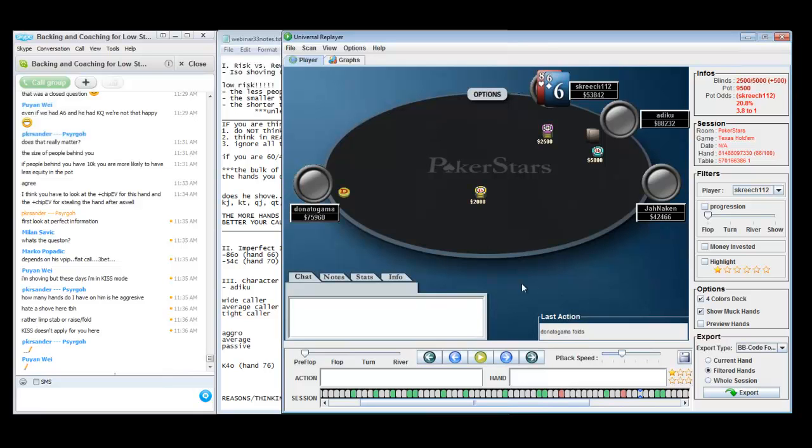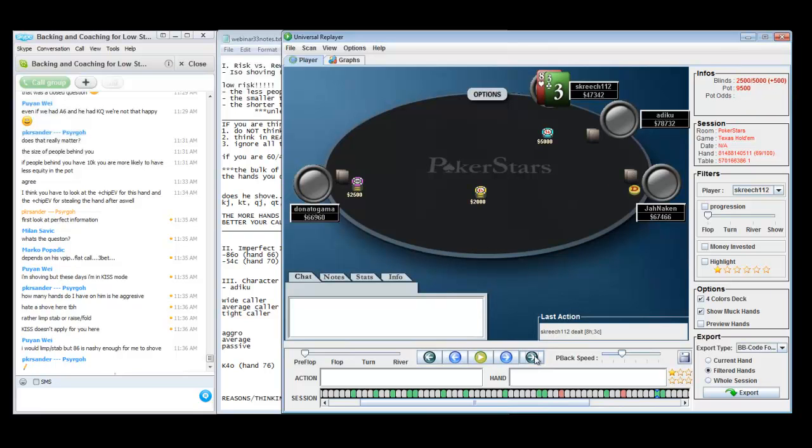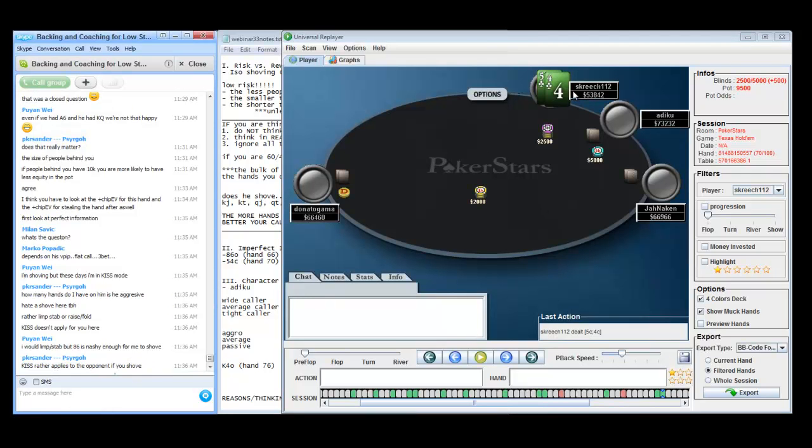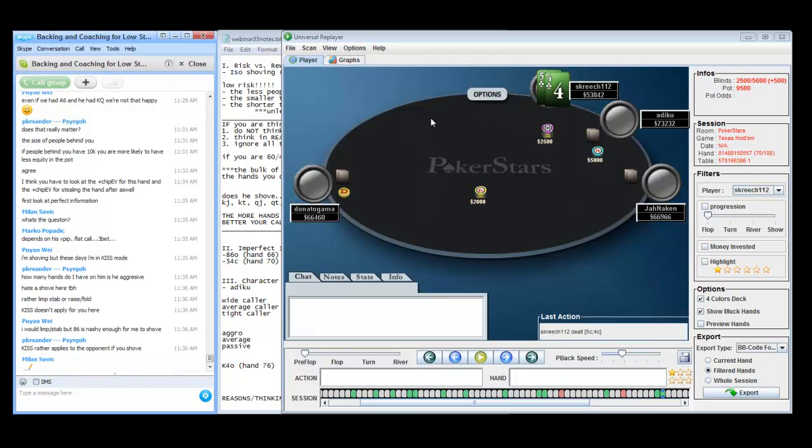Okay, now I have another hand for you. Very next orbit, literally the exact same stack size. You still have, to the chip, the exact same stack size. Kiss applies to the shover too. A lot of guys just shove to keep it simple. What do you do now?